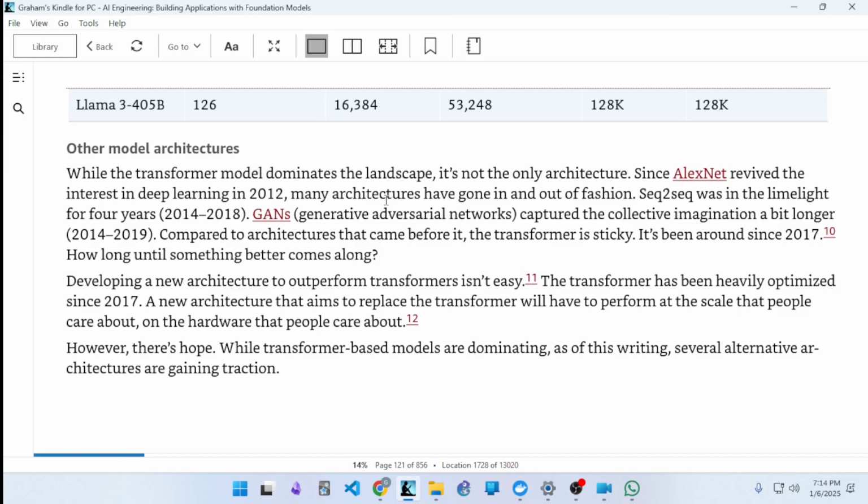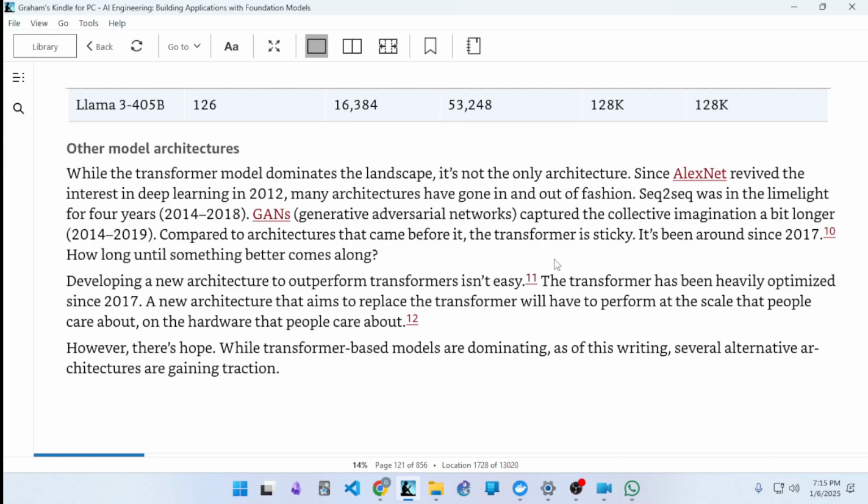Seq2seq was the limelight for 4 years, from 2014 to 2018. GANs, generative adversarial networks, captured the collective imagination a bit longer, from 2014 to 2019.